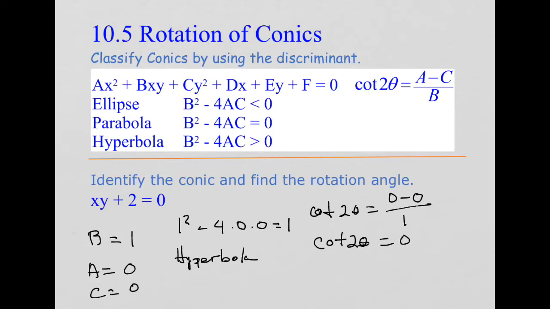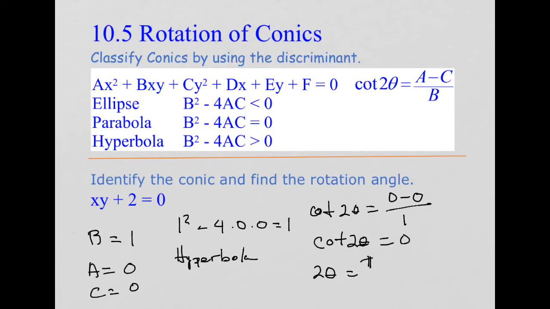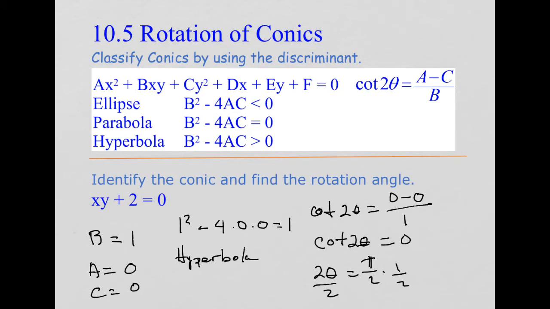Well, that's going to be where 2 theta is equal to pi over 2, because that's where the cotangent is 0, which means that when I divide by 2 or multiply by 1/2, theta equals pi over 4, which is our rotation, and we can also say that theta equals 45 degrees.